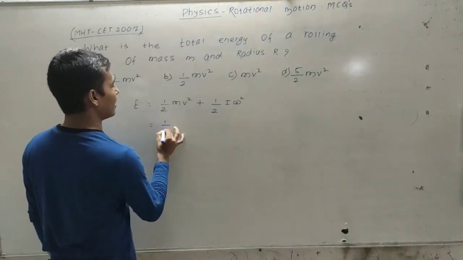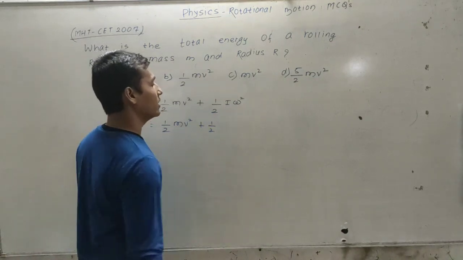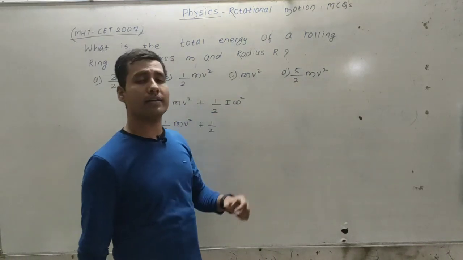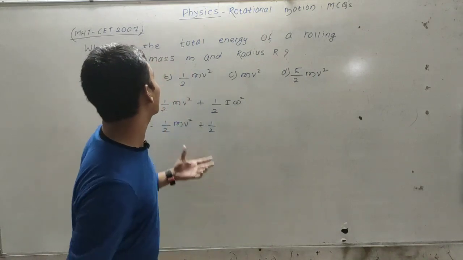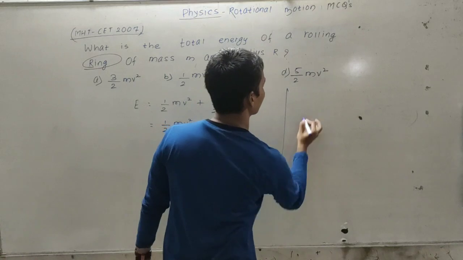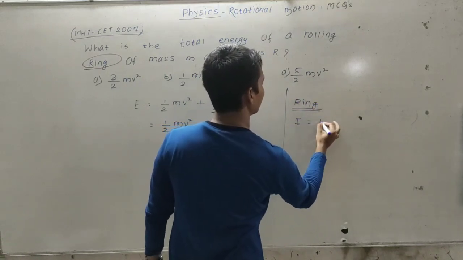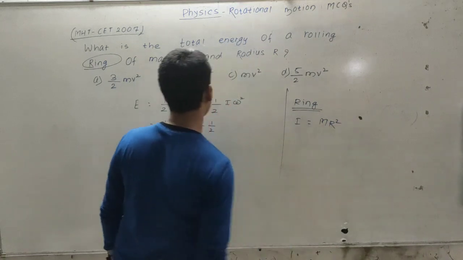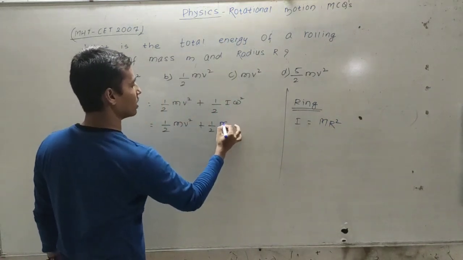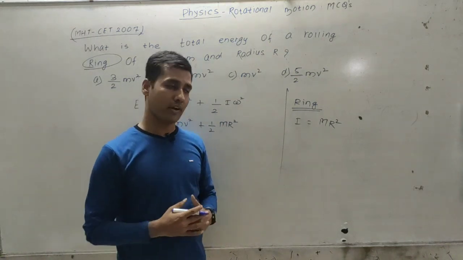So 1 by 2 mv square plus 1 by 2 I. What is I? I is the moment of inertia. In case of ring, what is the moment of inertia? For a ring, the moment of inertia is I is equal to mr square. So I am taking I is equal to mr square. Here omega is the angular velocity.